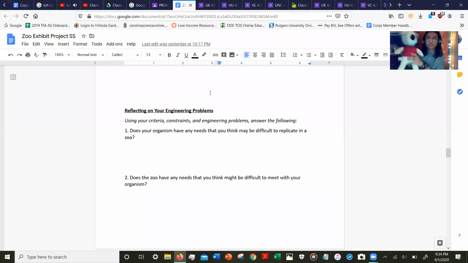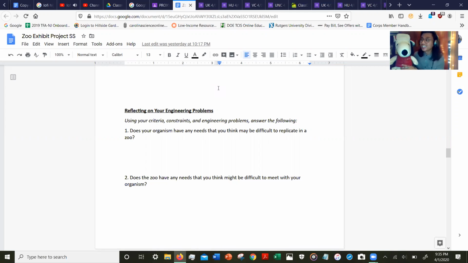So if we're using Snoopy as a Chihuahua example, yes, there are some needs that are difficult to replicate or copy in my zoo. Those needs include simulating or copying the natural environment that Snoopy, the Chihuahua, is used to. Because as we know from our previous video, Snoopy needs a lot of room.